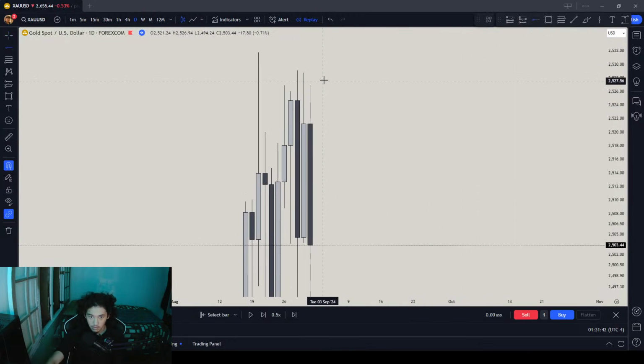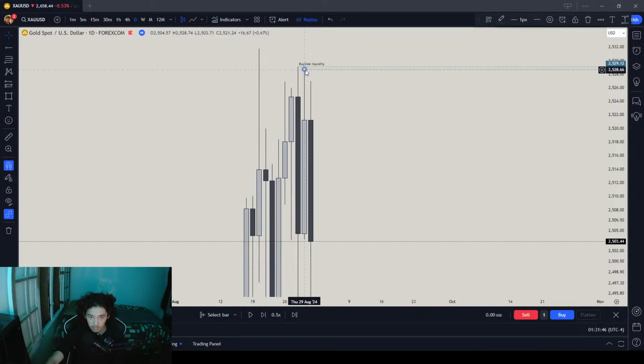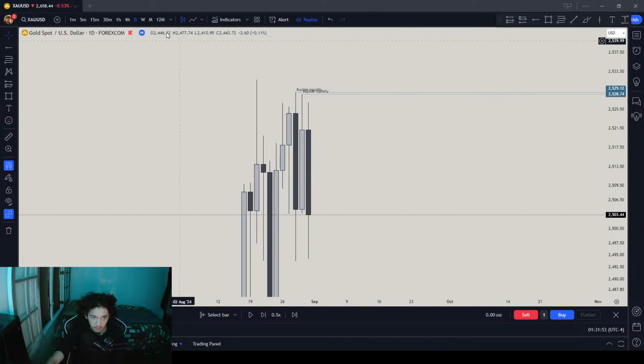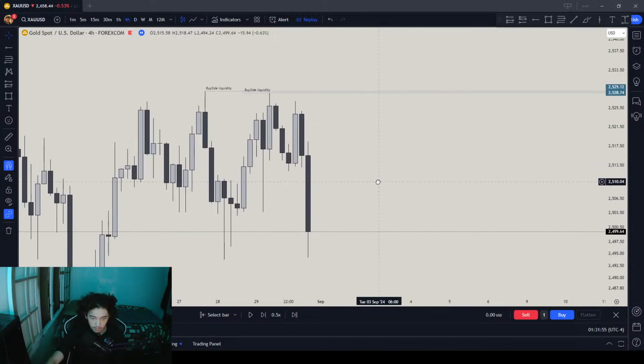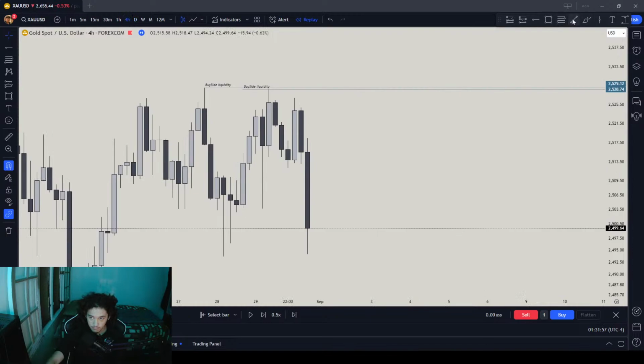So now I'm looking to go long. These are relatively equal highs, so I'm looking to go long out of there. But this week, I'm pretty sure, yeah, this week was NFP week, so let's see how this goes. Still in that external range. Let's see more price play out.